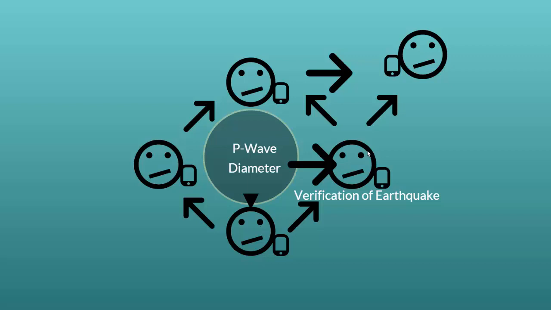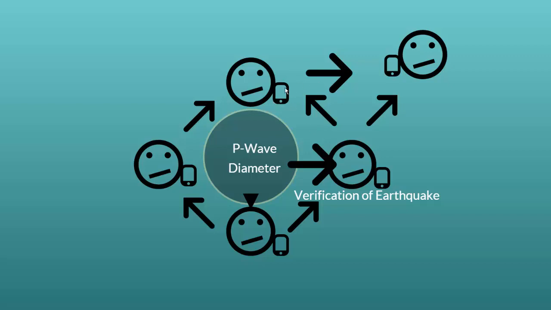So while his phone corresponds with both of these guys' phones, their phones correspond with his phone. So if both of them are parallel to the earthquake, then we can also verify for a second time that it really is an earthquake while we transmit to this person's phone.